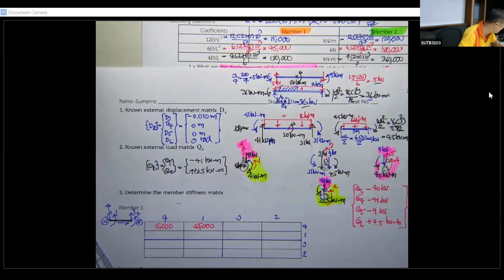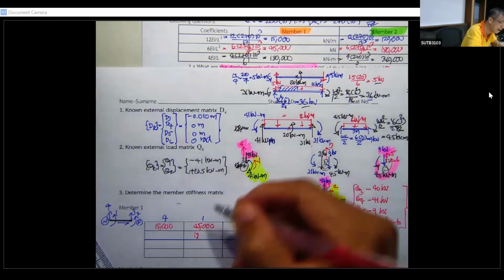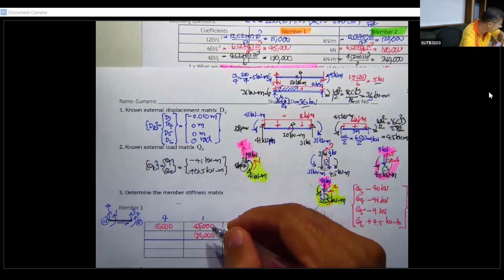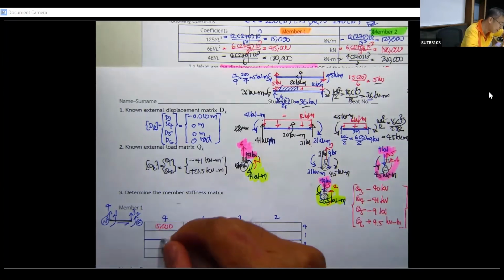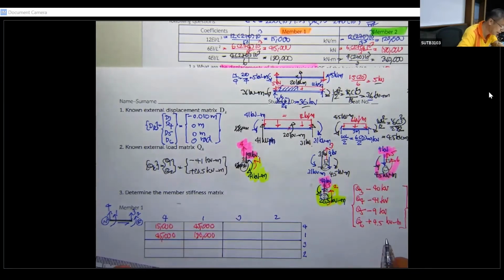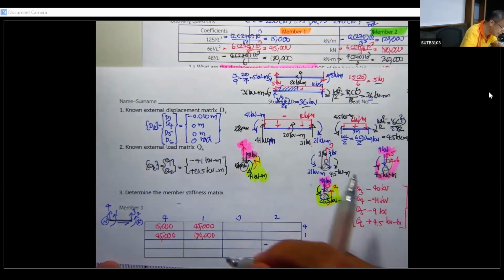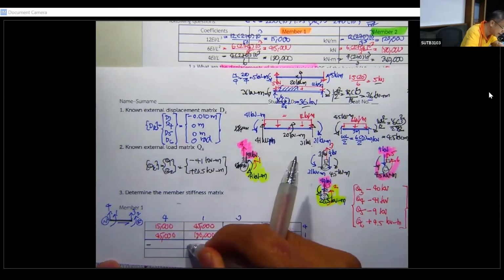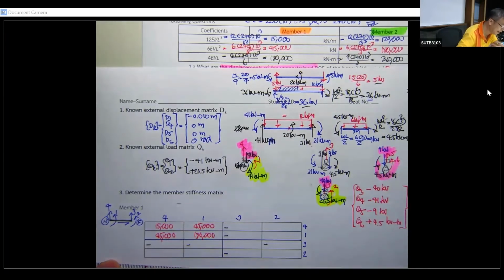You just rearrange it into the order. The third one is going to be 180,000, and due to the symmetry of this matrix, this is going to be 45,000. And if you remember, you got to put the negative, and negative here due to the symmetry again.